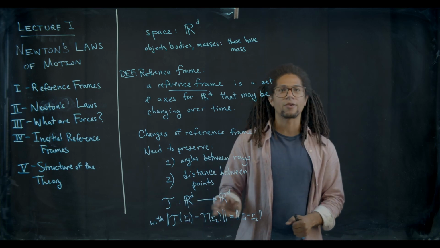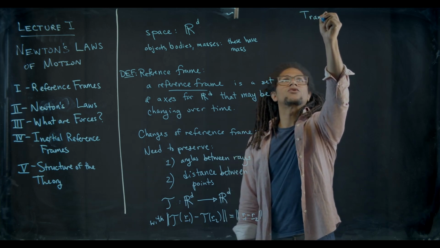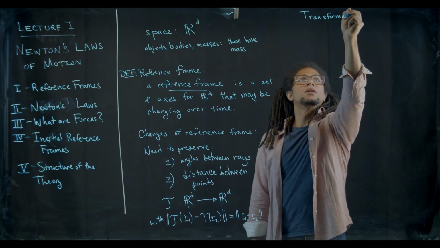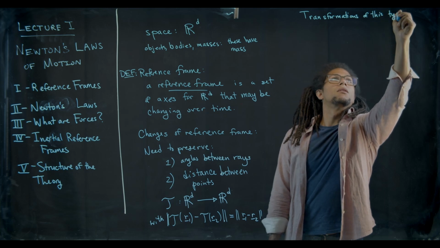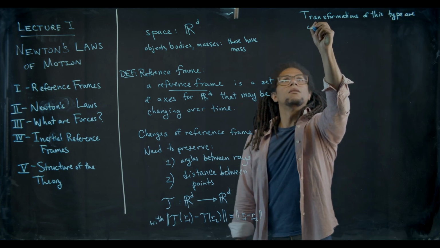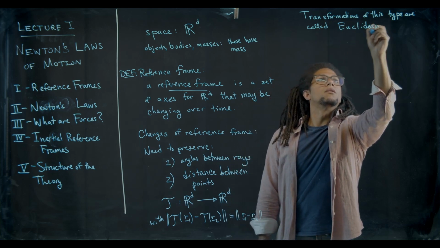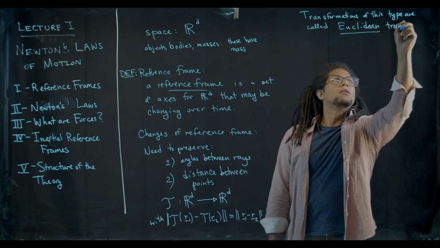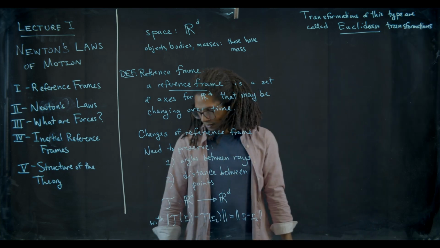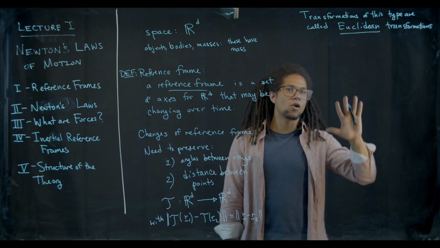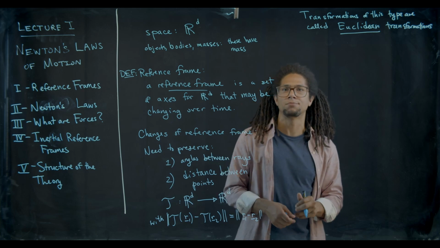All right, so it turns out that transformations of this type are called Euclidean transformations. And although I won't show a proof here, it turns out Euclidean transformations have to take an extremely simple form.